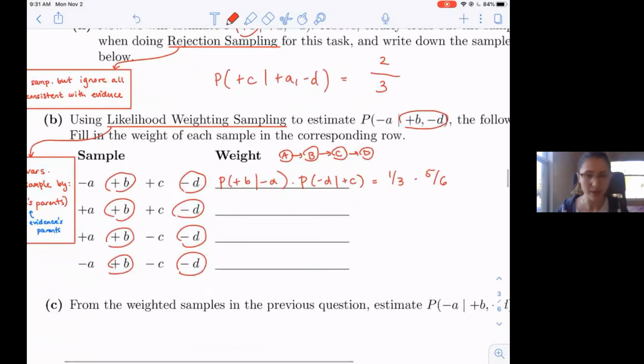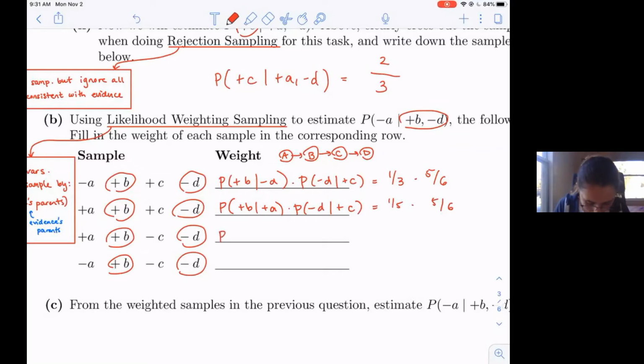Moving along, we have next P of plus B given plus A times P of minus D given plus C. This is going to be 1/5 times 5/6. Then we have P of plus B given plus A times P of minus D given minus C, which is going to be 1/5 times 1/8.